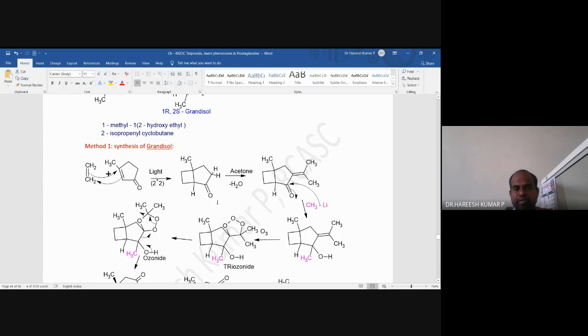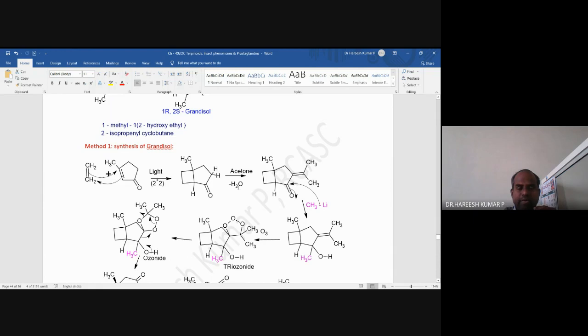What will happen? You know that this carbon is the alpha carbon, and this proton is called the alpha proton, more particularly the enolic proton. In the presence of acetone, this proton is captured by a base, and that can attack the carbonyl group of the acetone.